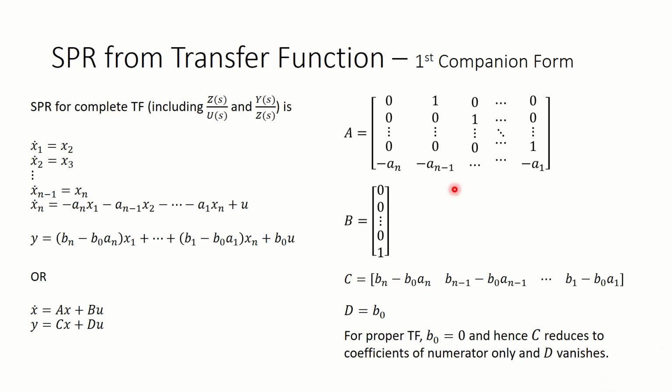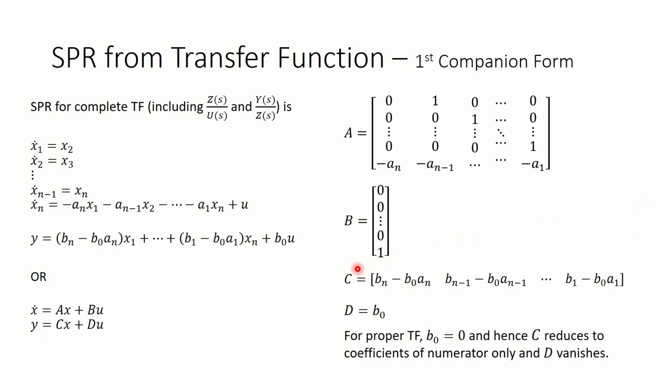So even if you have so many zeros, the state dynamics does not get affected. In this particular form, the state dynamics does not get affected. Okay, so the state variables are sometimes also called the phase variables in this representation.